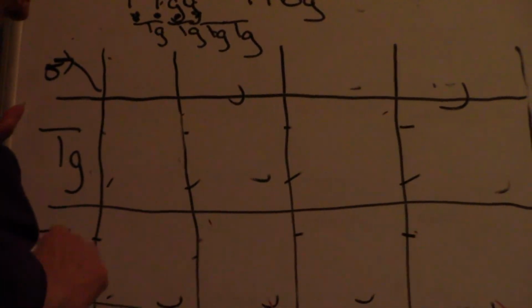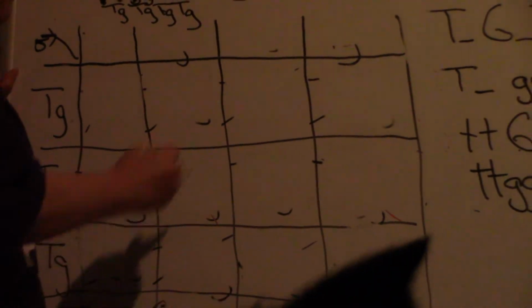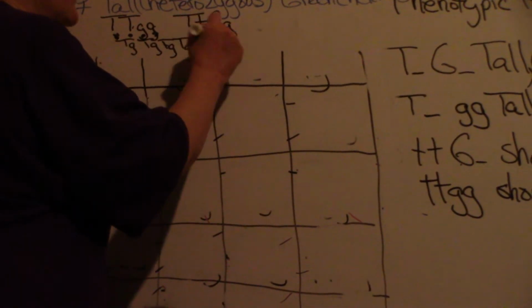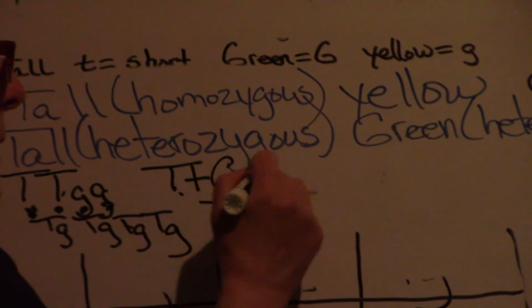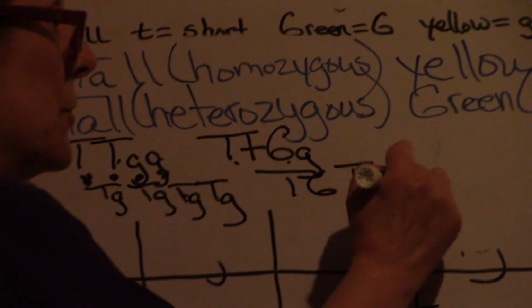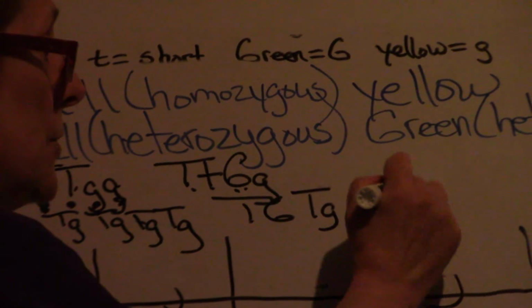But we're going to do it with the 16 squares. This one is like our first appearance. Big T, big G, big T, little g. Little t, big G, and little t, little g.